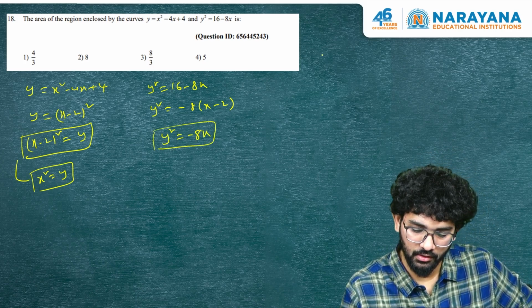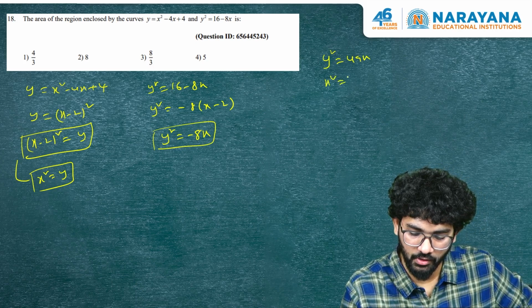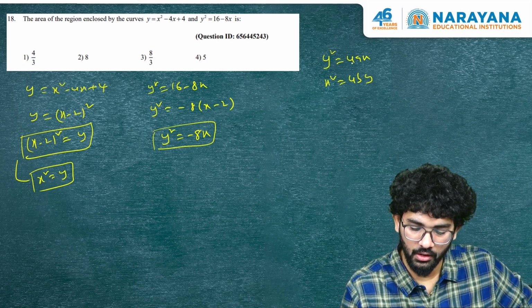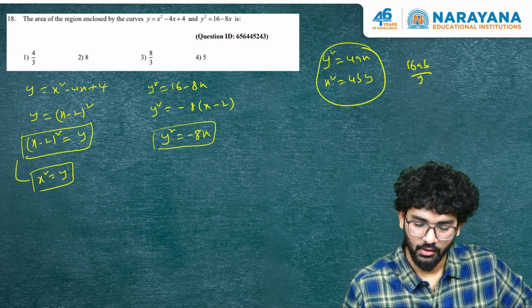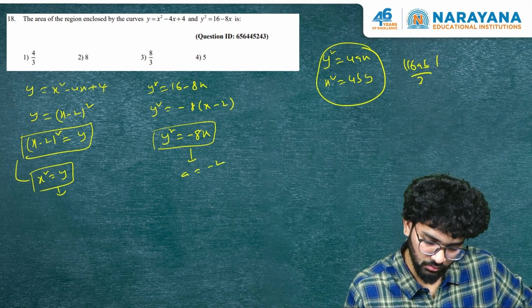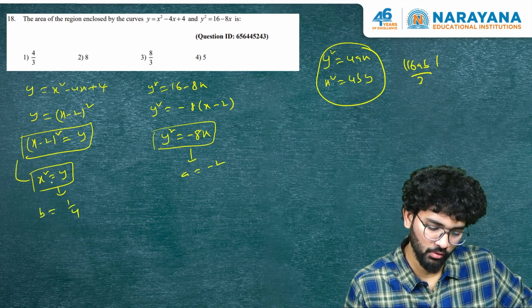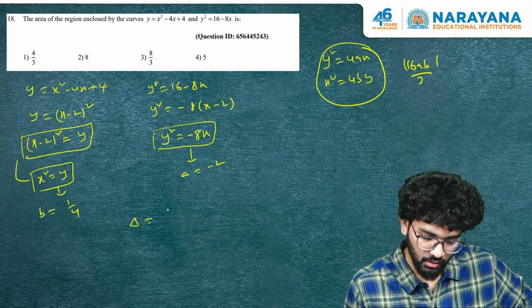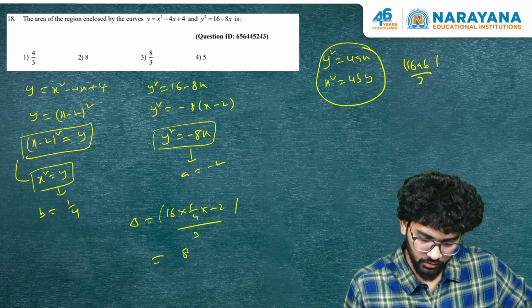In general, if you take the parabola y square equal to 4ax and the parabola x square equal to 4by, the area bounded between these two will be 16ab by 3. Here the value of a is minus 2, and the value of b is 1 by 4, because 4 into 1 by 4. So the area will be 16 into 1 by 4 into minus 2 by 3 modulus, which will be 8 by 3.